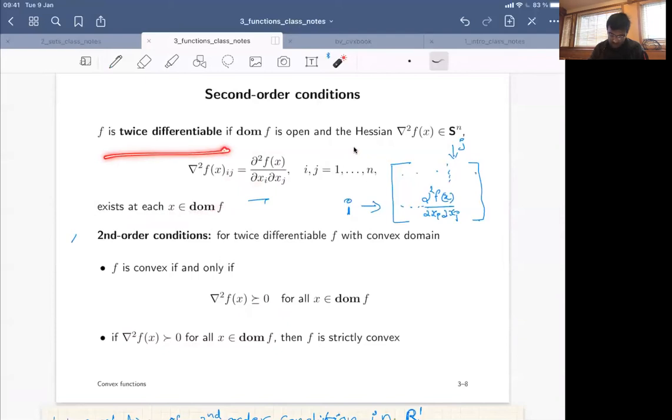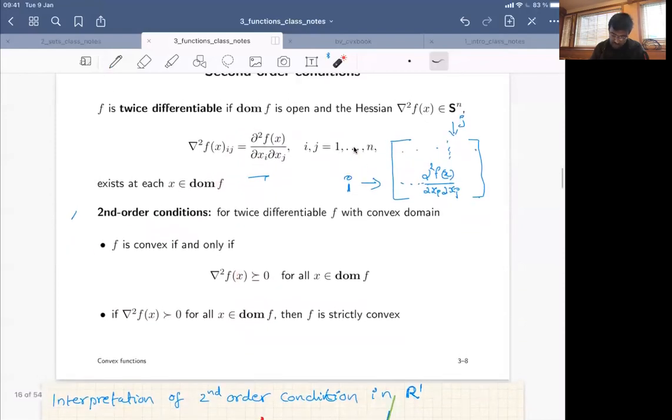Here I'm stating the second order condition, and of course that has to be positive semi-definite. So if you have a function, you take the gradient, and the gradient again, form the Hessian, then examine whether that is PSD or not.